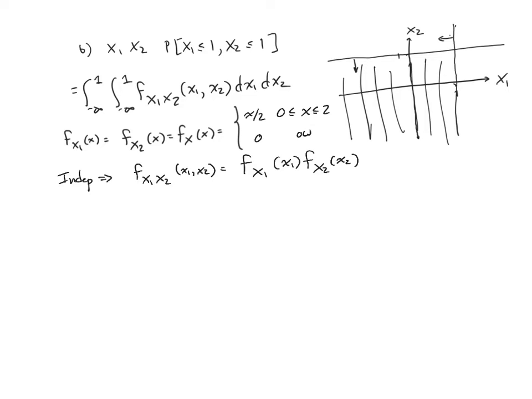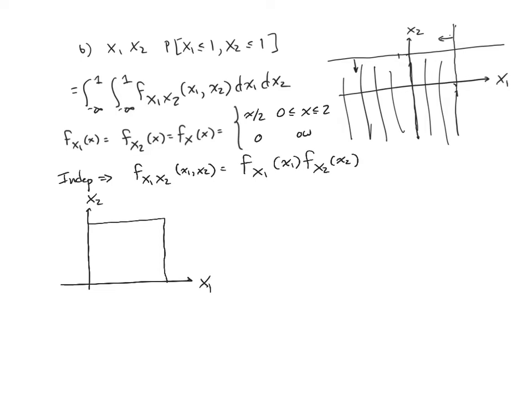And now conceptually, the way we think about this is that we have this x1, x2 region, and we'll observe x1 is between 0 and 2, and x2 is between 0 and 2.